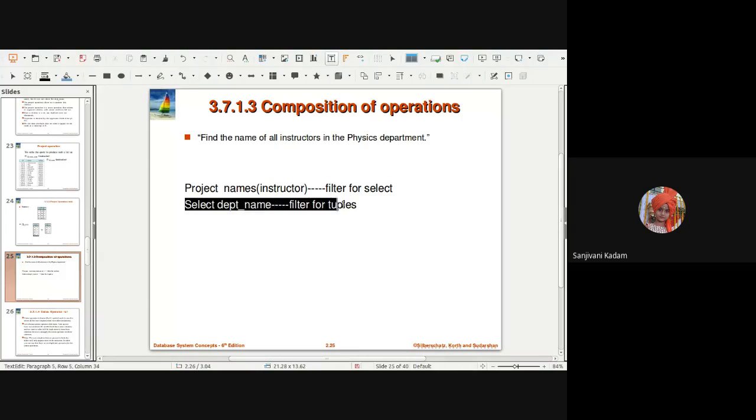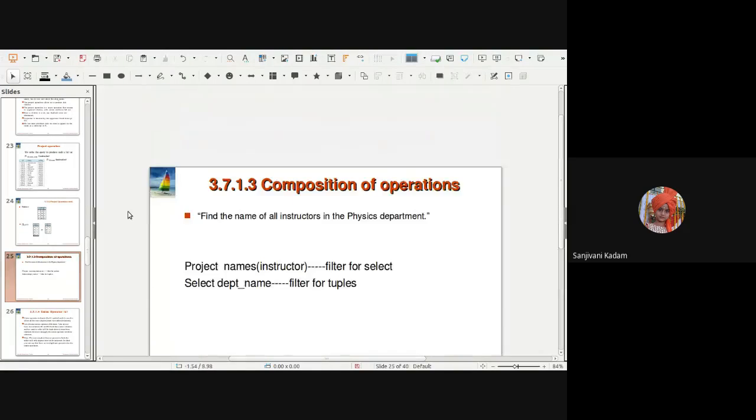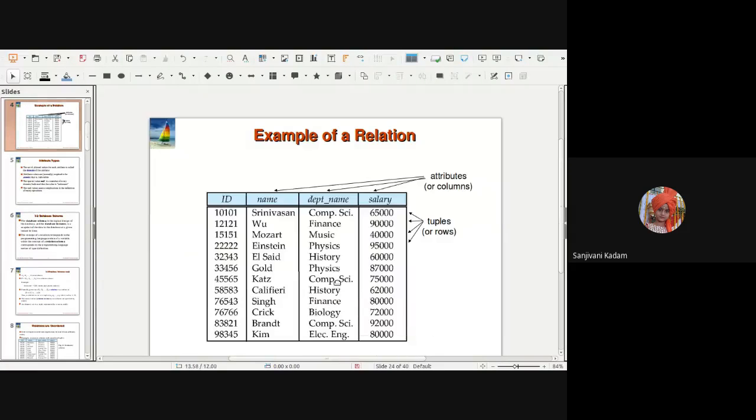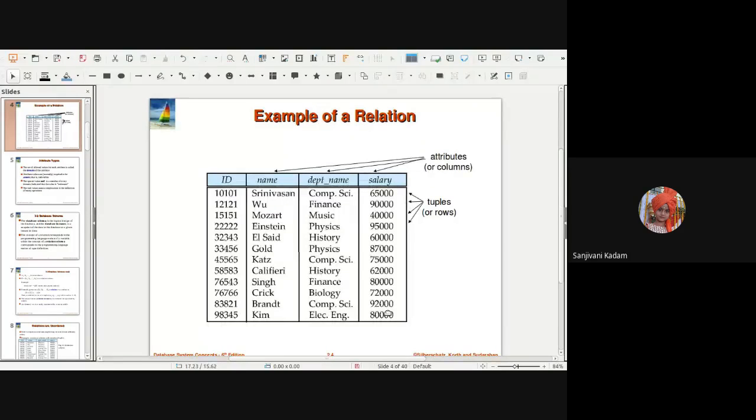Select is used for filtering the tuples. Whatever table we have completely, select decides which records are given for the output, because I don't want all records. It won't decide any column, only rows. From the complete relation, the select clause checks whether department name is physics or not.